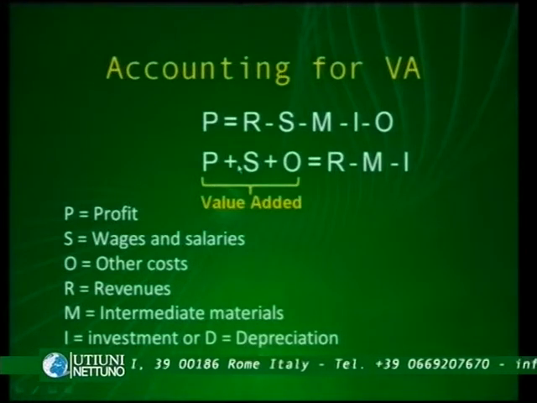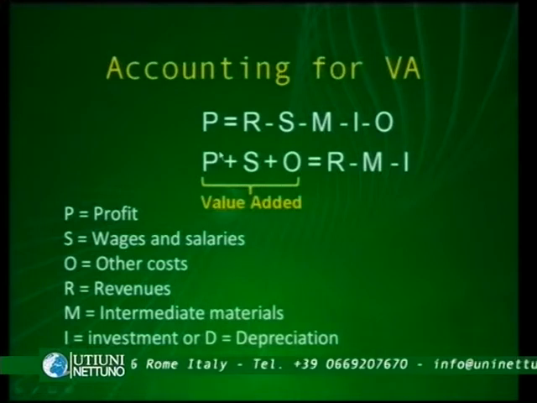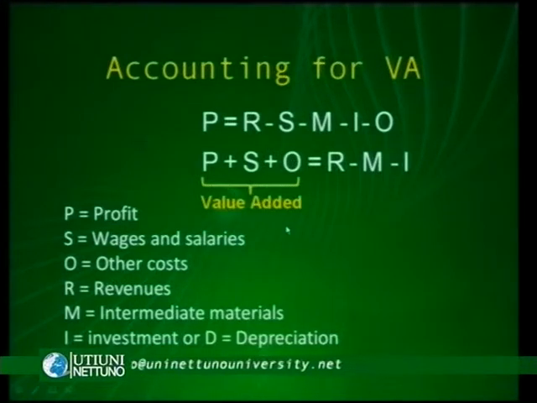So if you add wages and salaries to profit and other costs that are jointly considered the social surplus, you get the value added. So the value added is simply calculated as the difference between revenues, intermediate materials, and the outflow for capital assets or the depreciation cost that you have for capital assets.